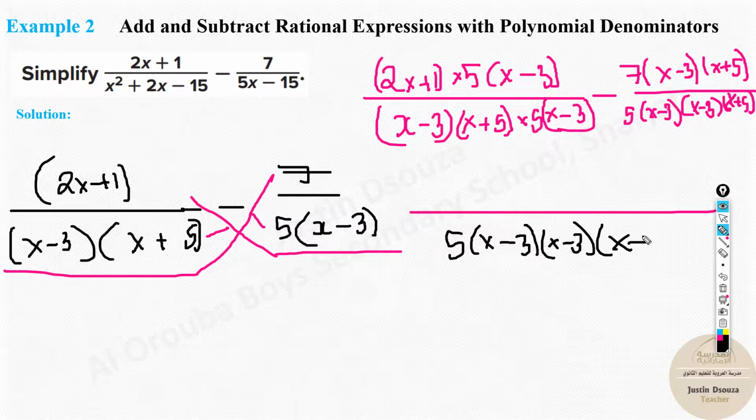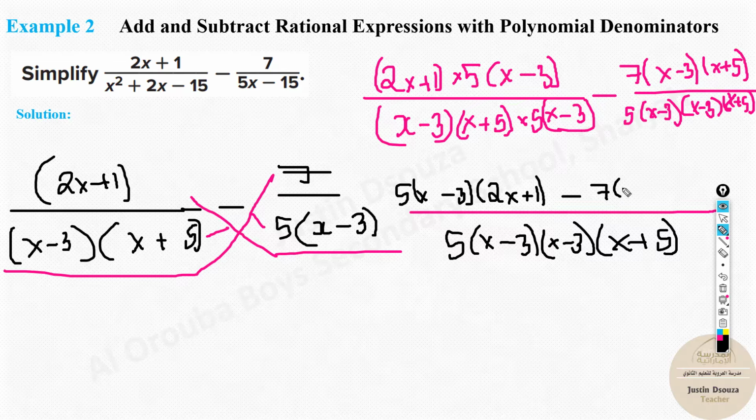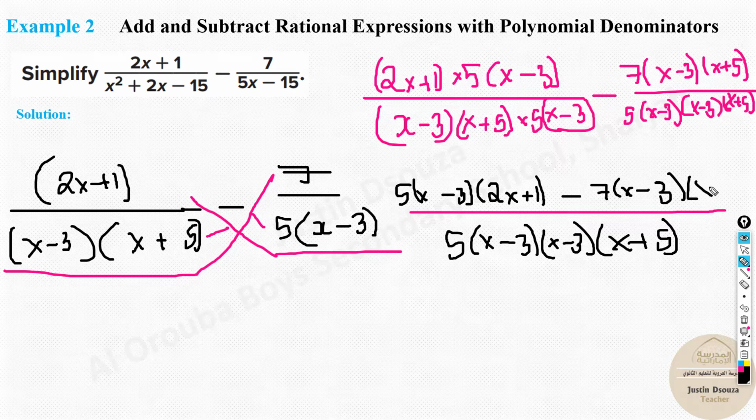We get x plus 5. And over here in the numerator, the first over here I'll write 5 x minus 3. And here the next term is 2x plus 1 minus 7 of x minus 3 and x plus 5.